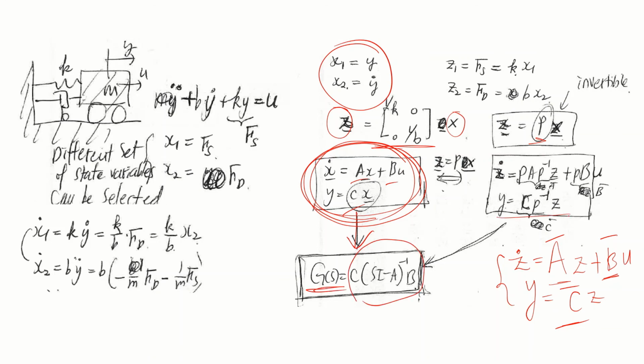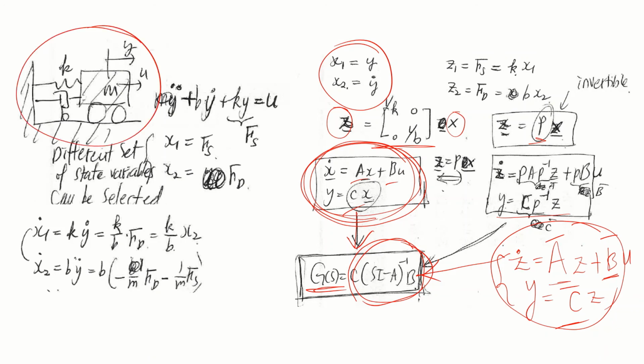And also this one must give us the same transfer function through this formula as well, because these are just different representations of just one system. So to get the relationship between these two, you can just simply plug in z here.